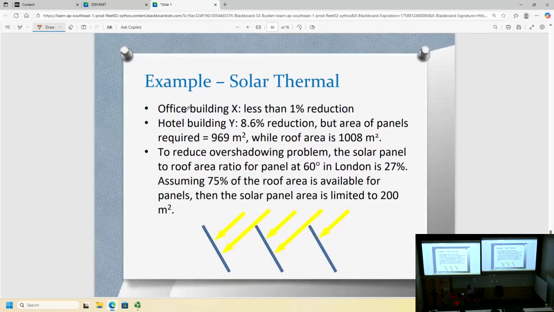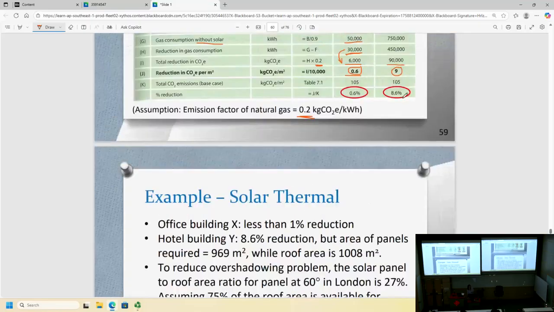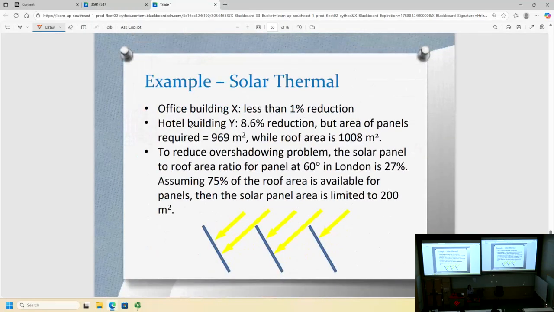So for office building X, less than 1%, 0.6% only. And for hotel building Y, the reduction is 8.6%, which is quite significant, but the area of the panel is 9,069 square meter, and the rooftop area is only 1,008 square meter, or around 1,000 square meter.